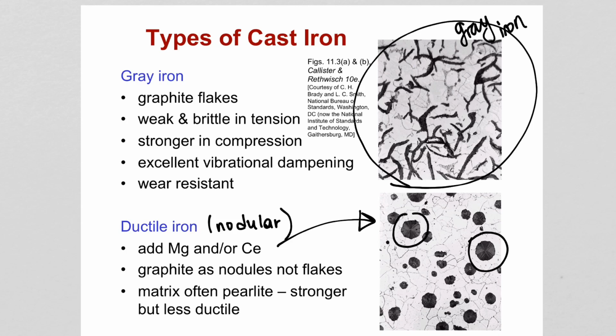They are trying to tell you there can be two types of matrix, one pearlite and the other ferrite. If it is pearlite, it will be stronger and less ductile compared to a ferrite matrix. But in general, when you compare the overall structure with gray iron, it should be stronger and more ductile compared to gray iron.